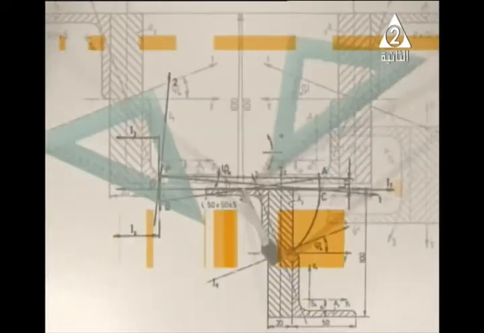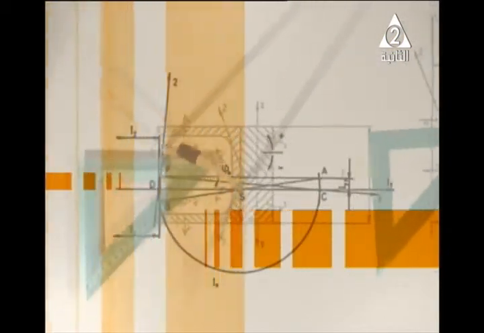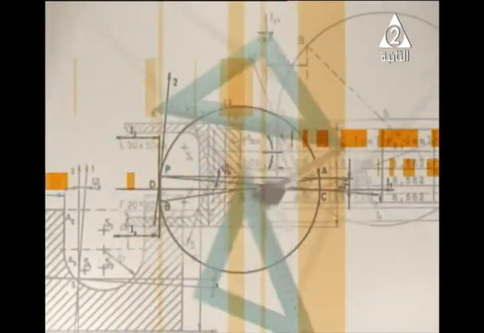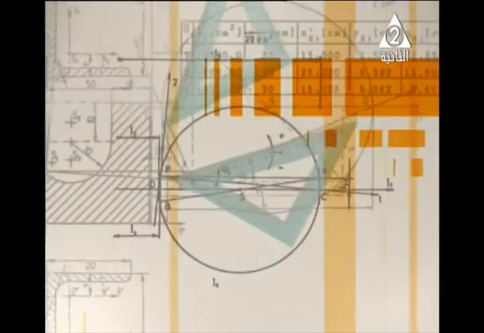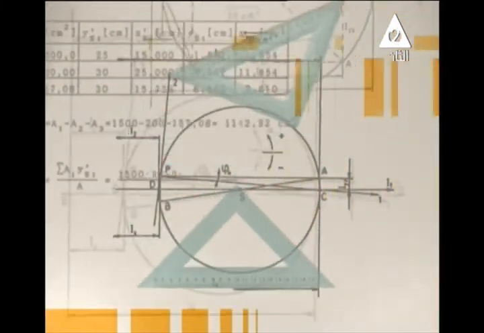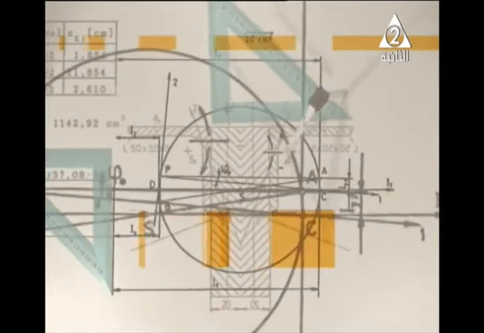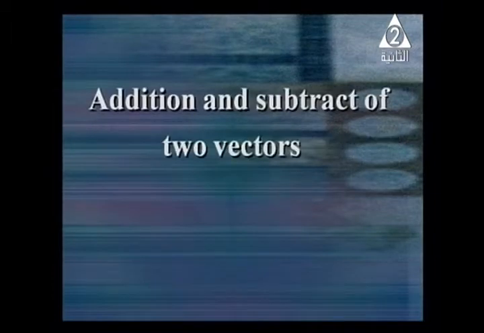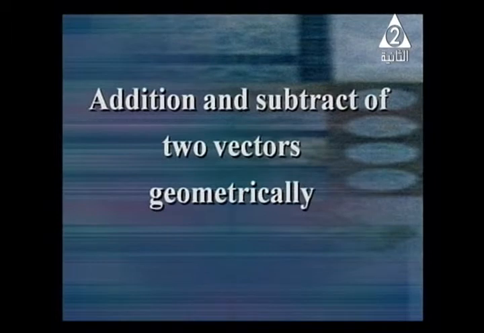Dear student, look at the lesson of moment in 3 dimensions. First, dear student, now we are translating 2 important rules in statics: addition and subtraction of 2 vectors geometrically.